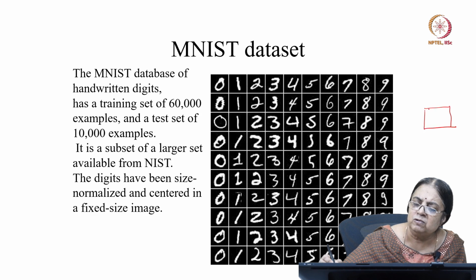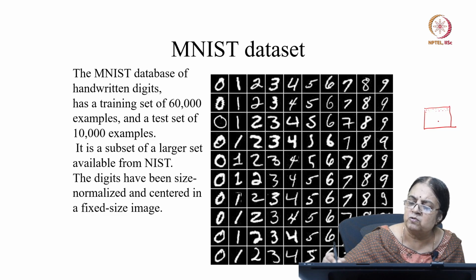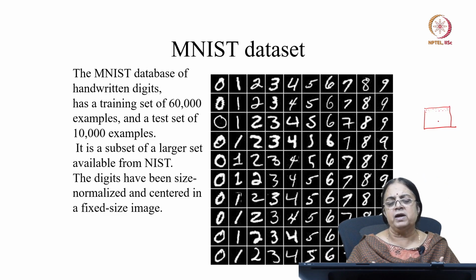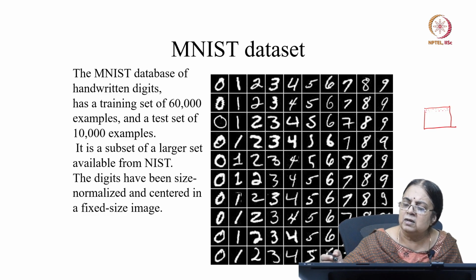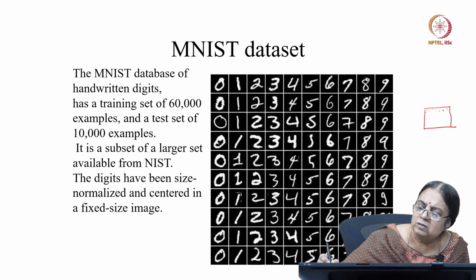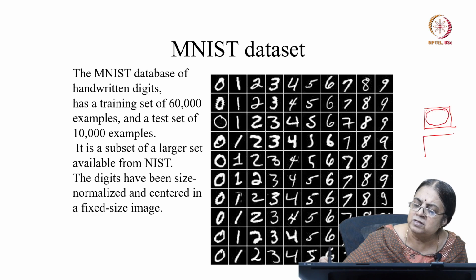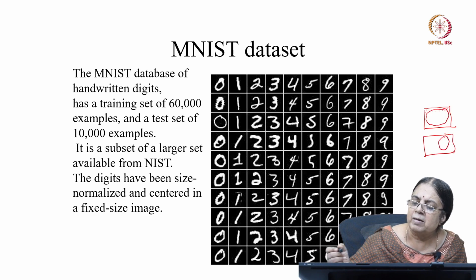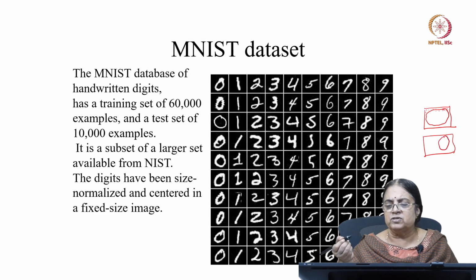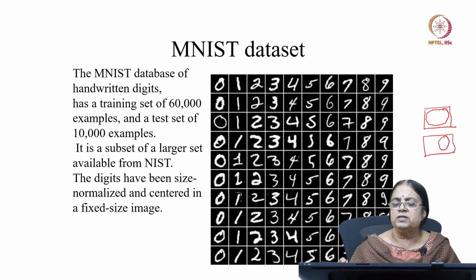So how you find it is you have pixel information here, and then you have pixel information for the next row, etc., and those are going to be concatenated to form the pattern, right? Now you may have a 0 which is like this, right, and you may have another 0 which is like this, say, right. So you find that there may be variations both lengthwise, breadthwise, rotation, in all sorts of ways.